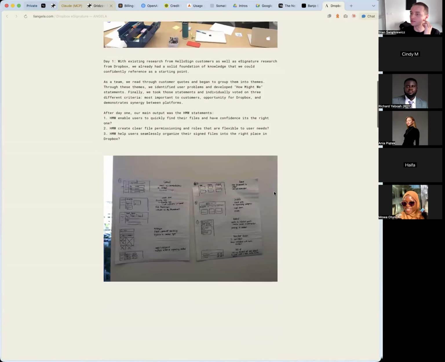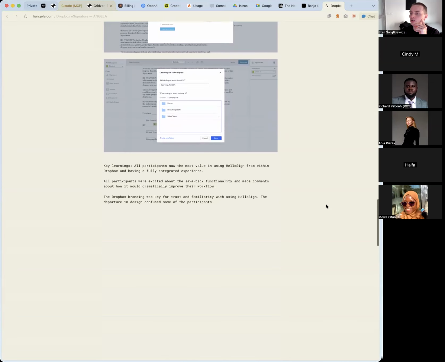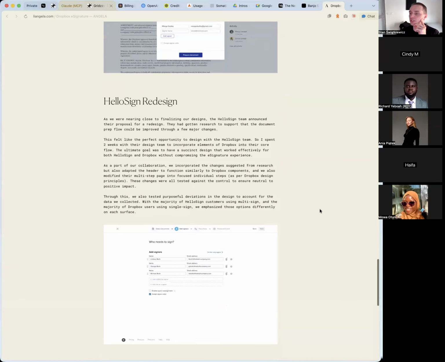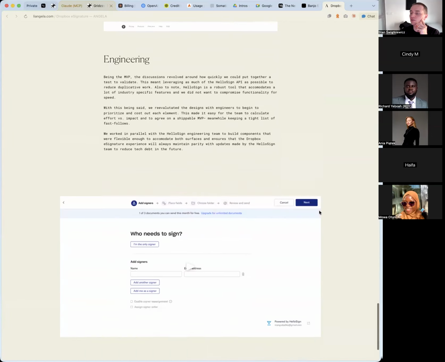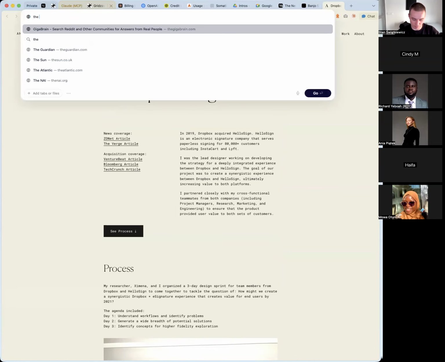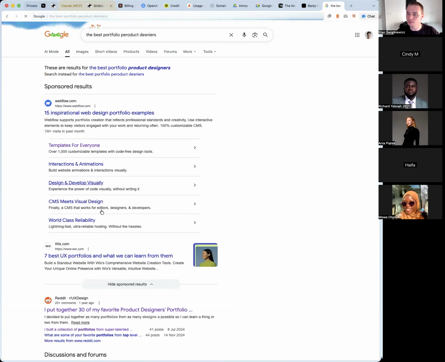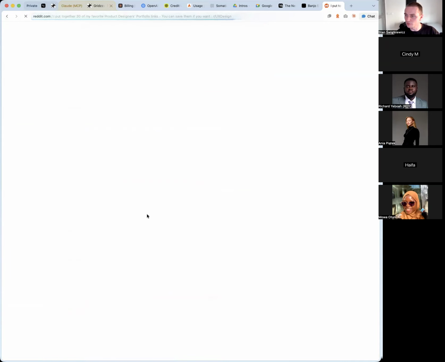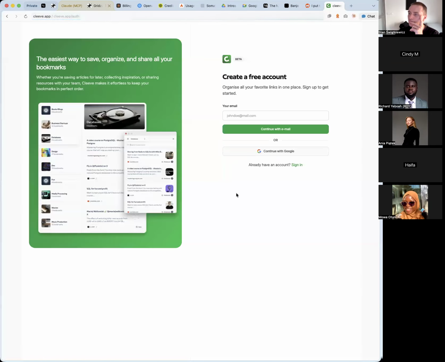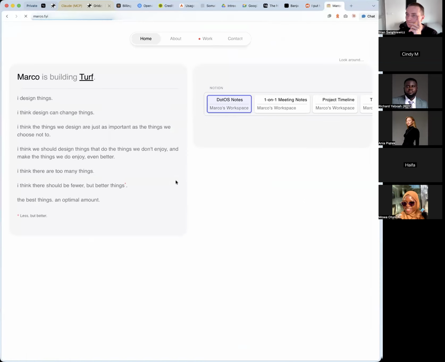Oh, yes. Okay, so over here, as you can see, this one is also text heavy, right? Because this is a very process oriented case. But if we go to, let's say, the best portfolios, product designers, and maybe we go into this, and oh my God, what is this? So annoying.